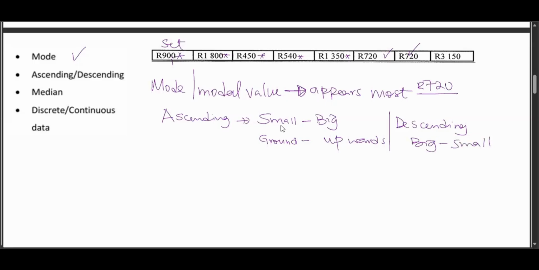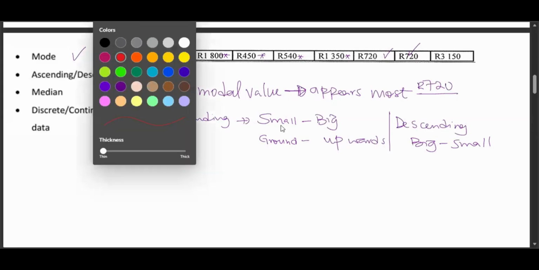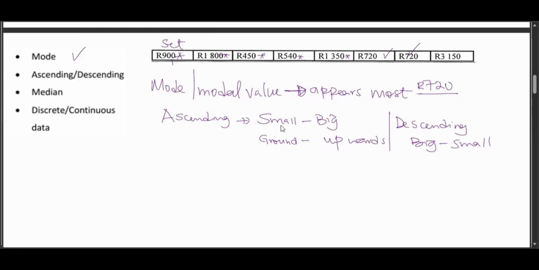I will use this data that we have here. The easiest way to do this is on your question paper. If you're doing ascending, you start with the smallest.